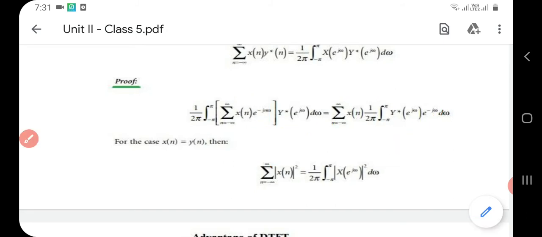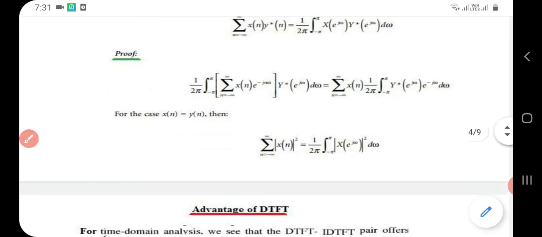So when I replace this y of n with x of n, that becomes summation n from minus infinity to plus infinity of x of n modulus square equal to 1 by 2 pi integral from minus pi to plus pi of X of e raised to j omega the whole square d omega.